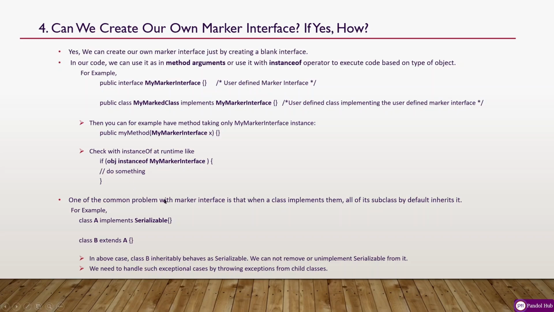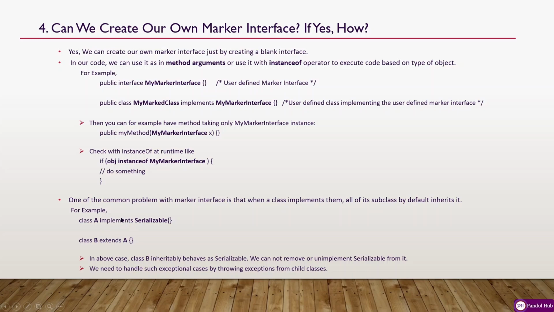The common problem with marker interfaces is that when a class implements them, all of its subclasses inherit it by default. For example, if a class A implements Serializable and a class B extends A, then B by default implements Serializable.